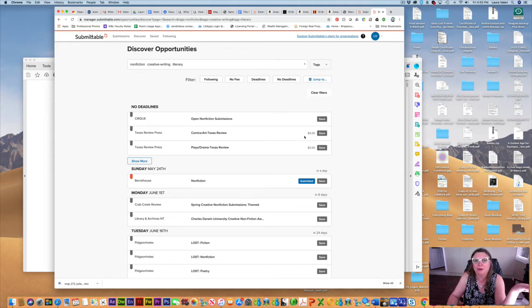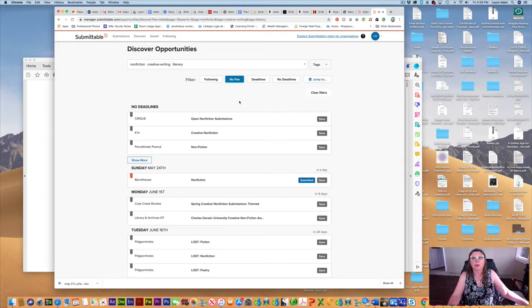So the $3 is kind of a convenience fee. When it gets higher than that, I would start to consider whether you want to take the chance. And also, most journals don't really pay their contributors. So to start, I would say let's look for no-fee submissions and see what's out there.